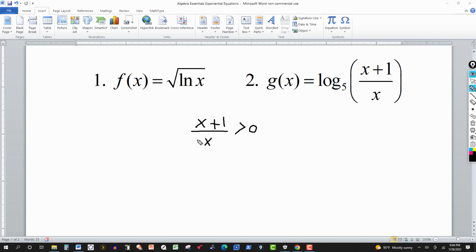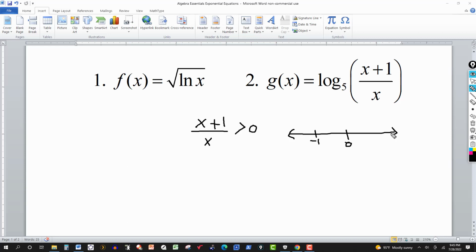So then you solve this just like you would solve any rational inequality. I've done something like this before. But the best way to solve it is just on the number line. Plot the numbers that make the numerator and the denominator 0. So the numerator is 0 at negative 1. The denominator is 0 at 0.